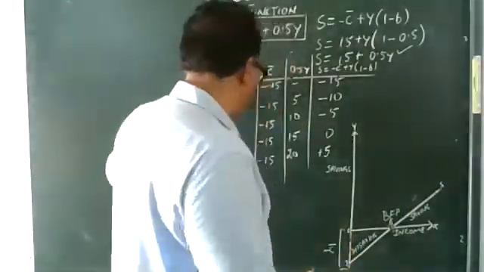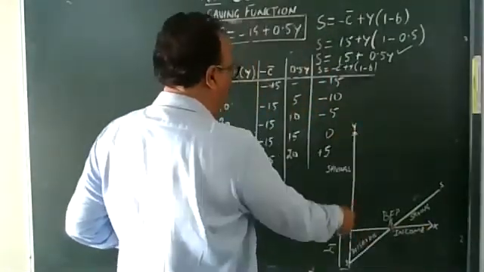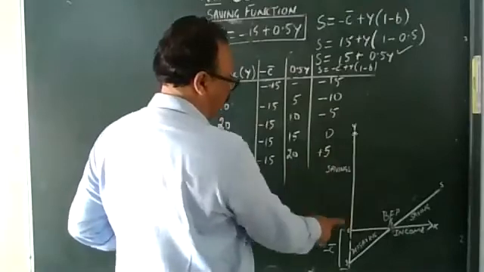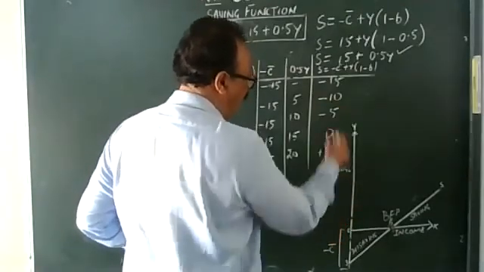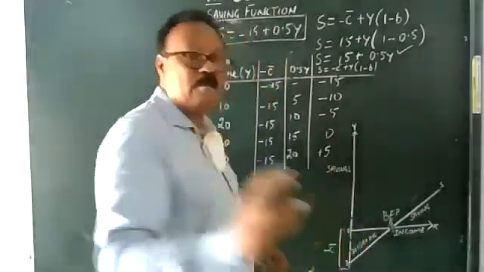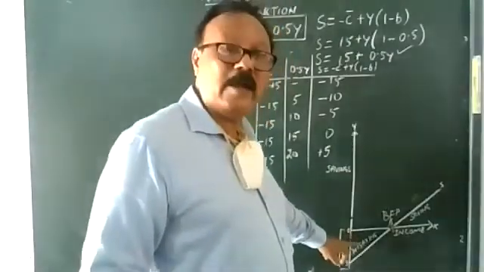On the income, you can write 0, 10, and 14. For the savings you only get minus 15, minus 10, 5. There is no data over here, so the diagram will look very small. So I am not using the scale. However, this is how the diagram would look.